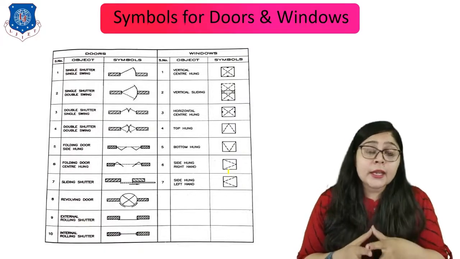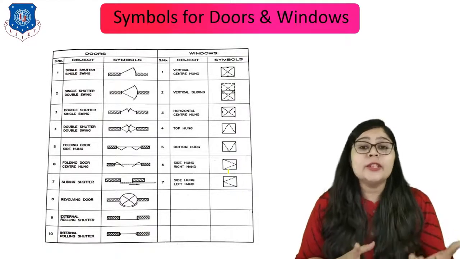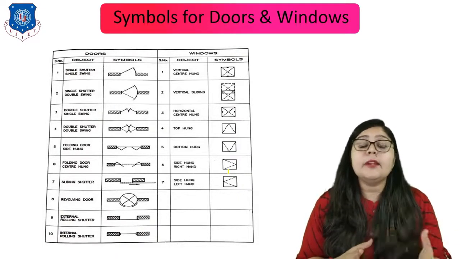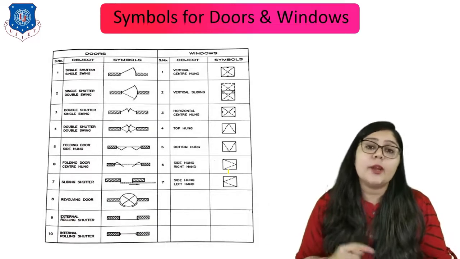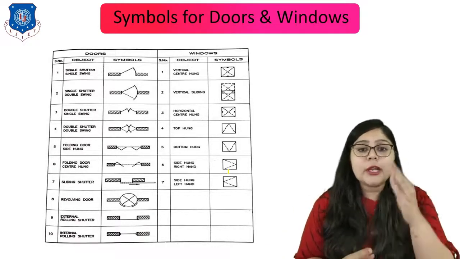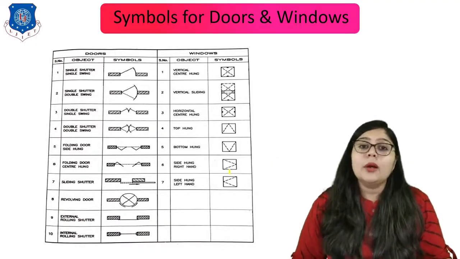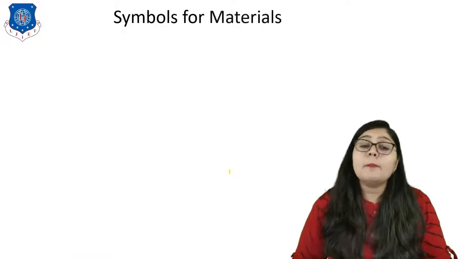From that I can identify which kind of door I have provided, right? I don't have to visit that particular building. I simply read the plan and identify which kind of doors are there. Same for the windows. You can see over here the different types of windows having different symbols, right?